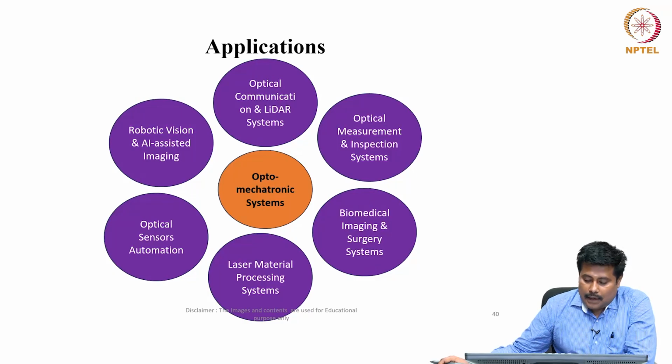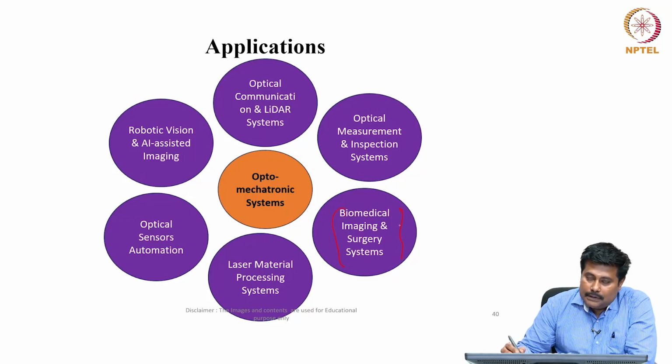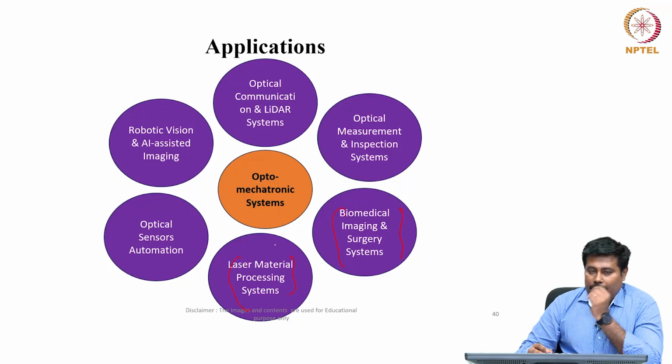From an application perspective, these optomechatronic systems are highly used in optical communication, LiDAR systems, and optical measurement and inspection systems. Ideally, they are more suited for biomedical imaging and surgery related systems. More applications are towards laser material processing systems. In fact, we had discussed microfabrication.